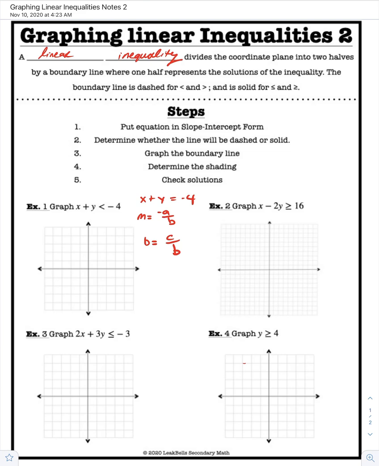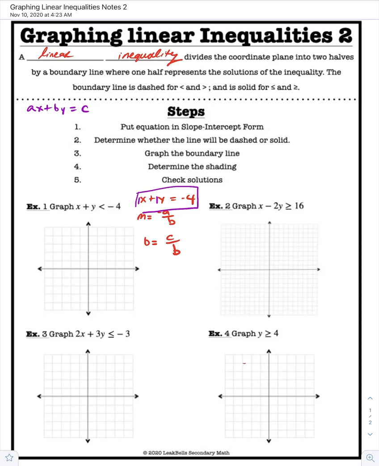And let's realize what our a, b, and c is in this situation. Remember, standard form is ax plus by equals c. And since in this problem here, x and y look to be alone, there's only one of them.